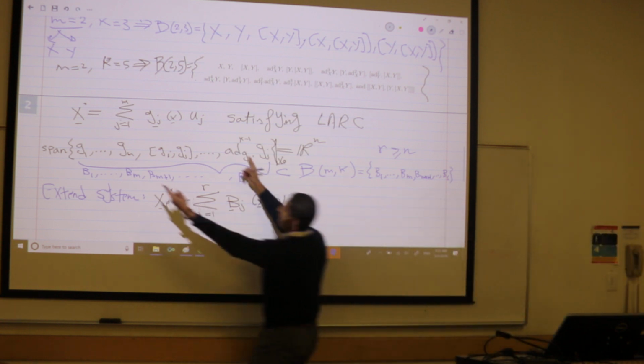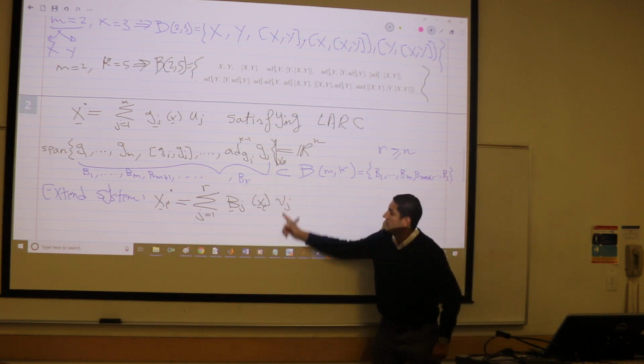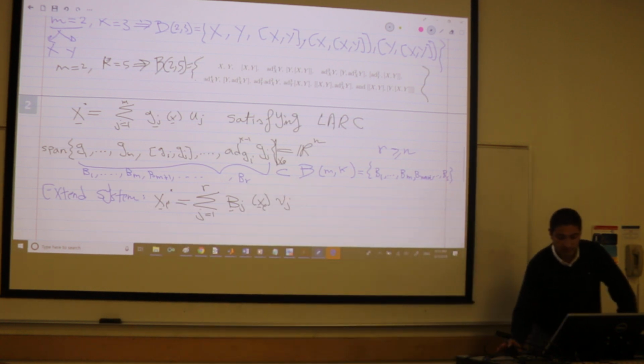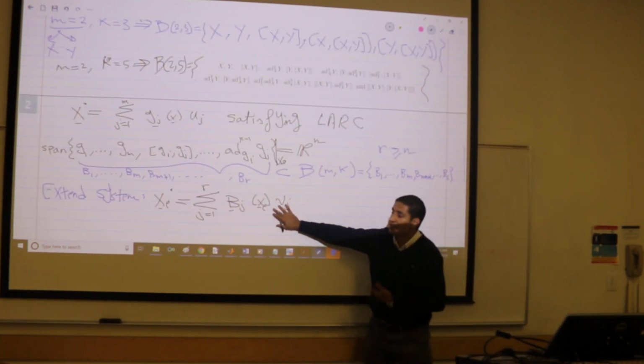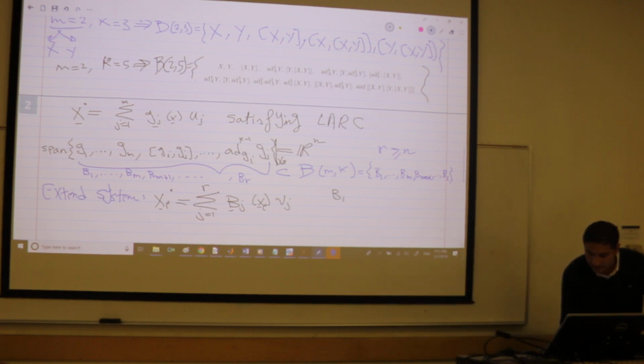So I'm taking these and putting them here with some inputs, because r is greater than or equal to n, I have more inputs here. This is a fictitious system. Like I said, bj is the same as gj if j is 1 to m.